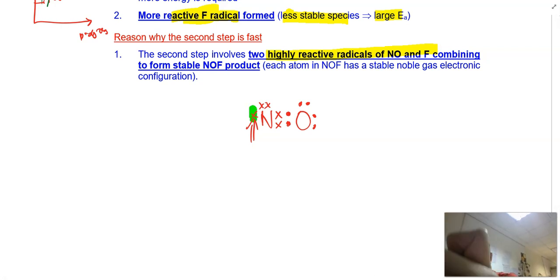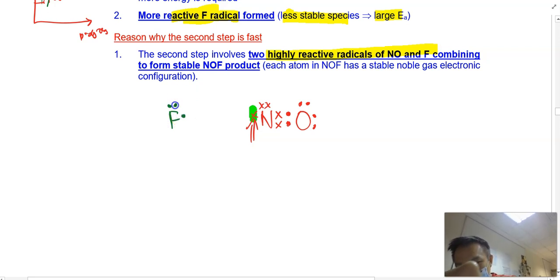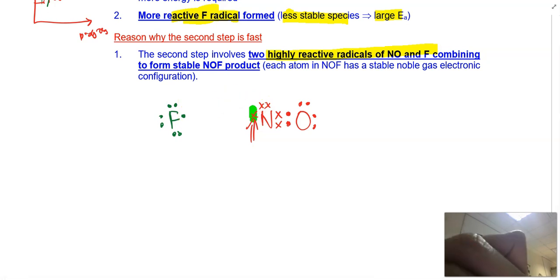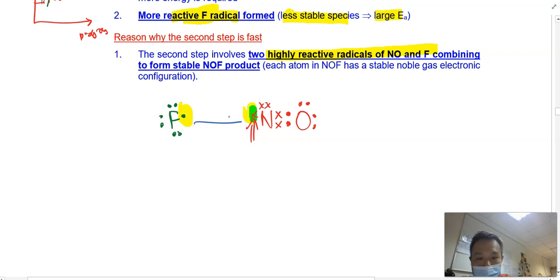And then of course you have your F radical. So this electron here and this electron here can therefore form a single bond.